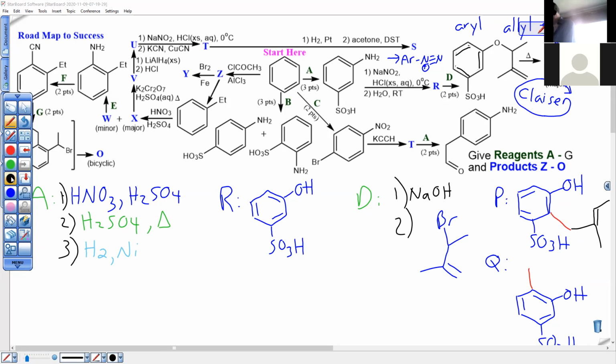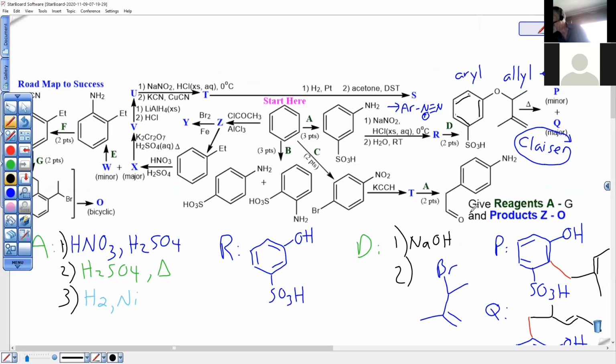And the group: carbon with methyl, carbon with double bond, E better than Z. And yes, that's E. CH3 out here, CH2 there. And that's Q, major. Less steric hindrance on this side than in the middle of the two groups there. And that is the dead end going that way.